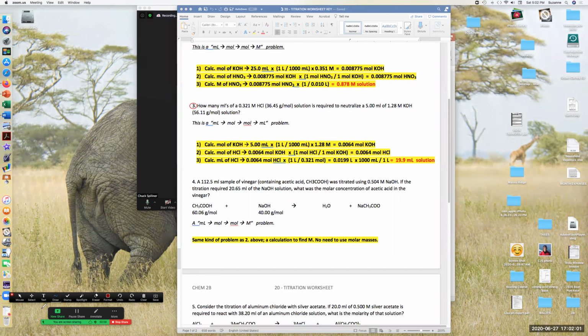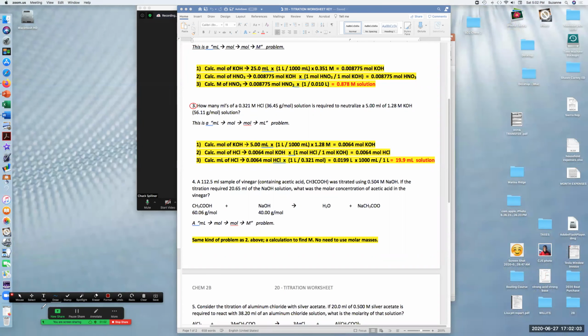This is sort of like problem 1, but instead of giving grams of a substance to neutralize, we're given a liquid quantity here. So I call this a mL to mole to mole to mL problem. Remember in problem 1, it was a gram to mole to mole to mL problem.